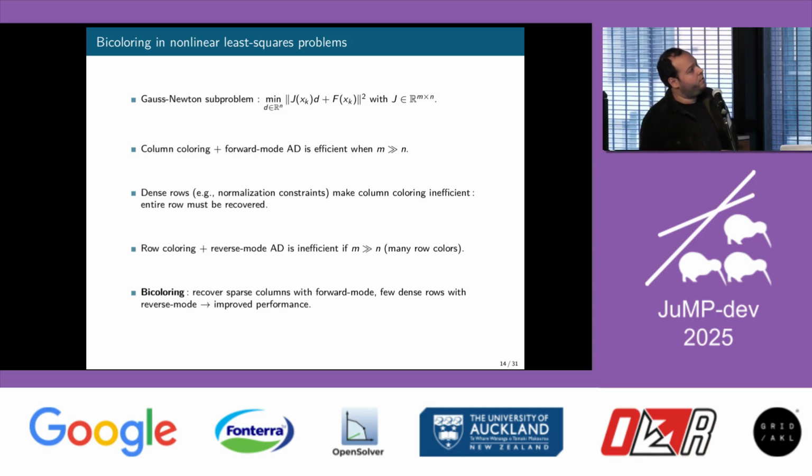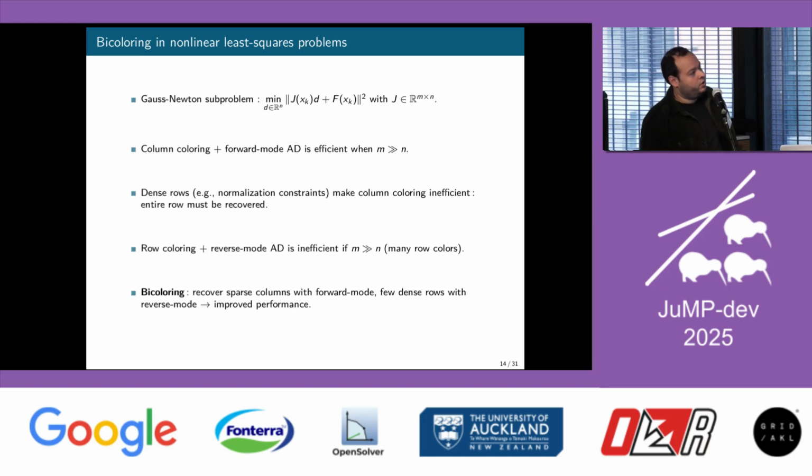In the case, for example, of nonlinear least squares, in general, the Jacobian has way more rows than columns, and because we have more rows than columns, it makes more sense from an AD point of view to use column coloring. But in a nonlinear least squares problem, if we have, for example, a constraint, like a normalization constraint, we can have a dense row, and in that case, we will need as many colors and directional derivatives as the number of columns of the Jacobian.